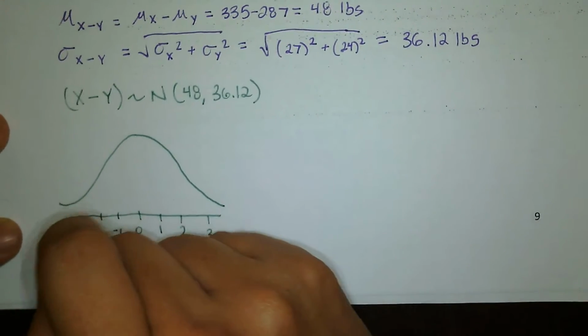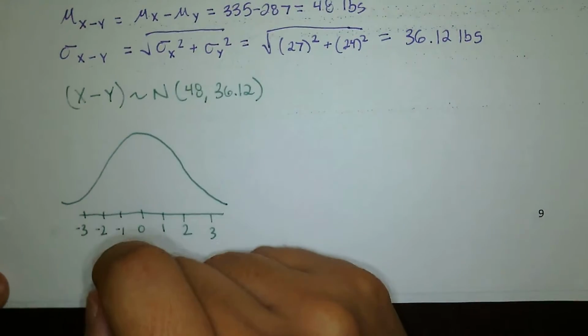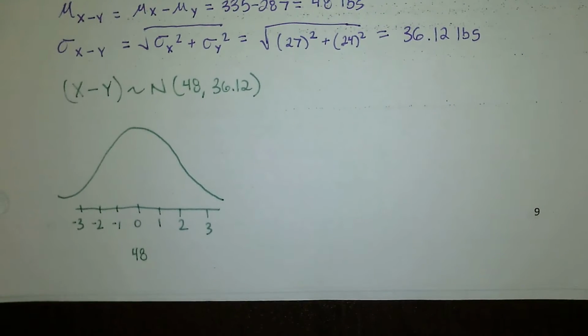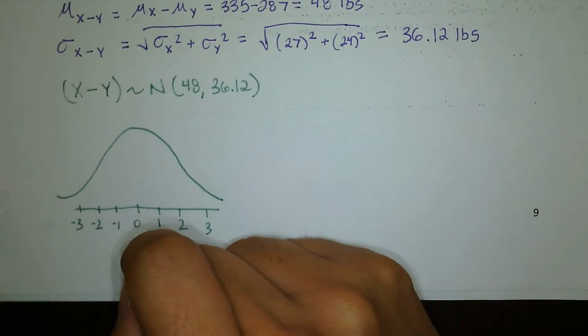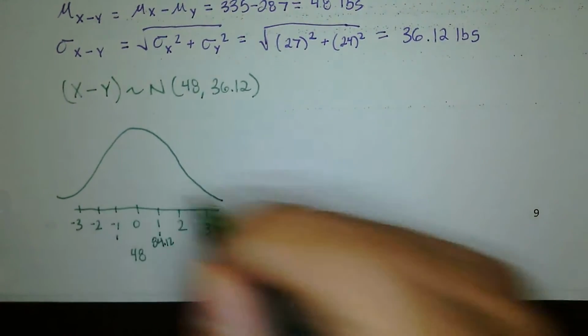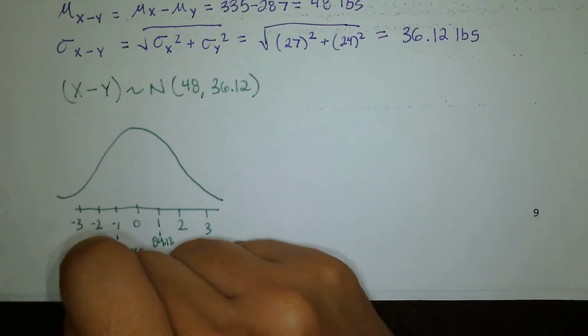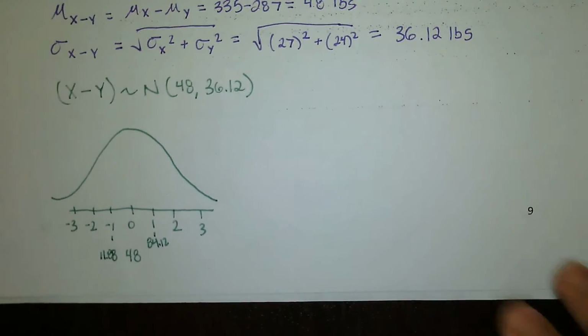Again, you don't have to, but for me it helps to see where the observations fall. And I know here at the mean we'd be at 48, one above, you'd be 36.12 above, so this would be 84.12 here at 1, and then below would be at about 11.88. And then, of course, this pattern would follow throughout the rest of the distribution.